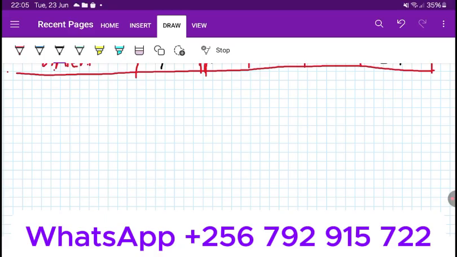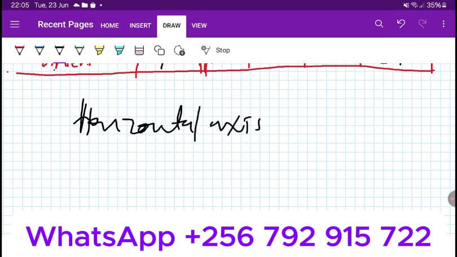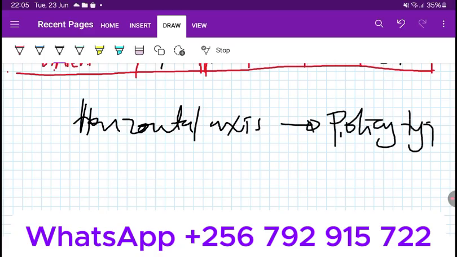The horizontal axis is going to have the policy types, meaning each bar is going to represent a year. But all the 5 years are combined together to give one policy. That is the implication.